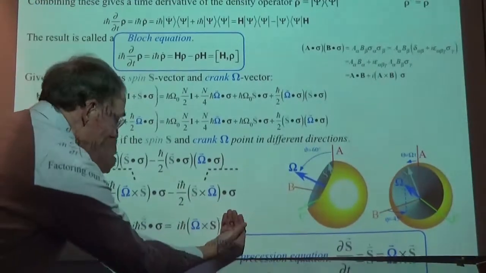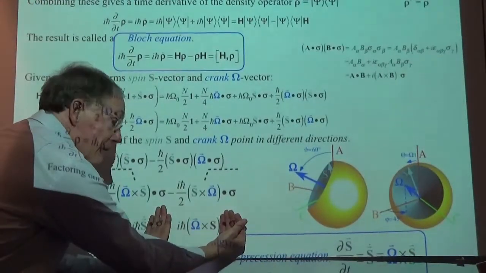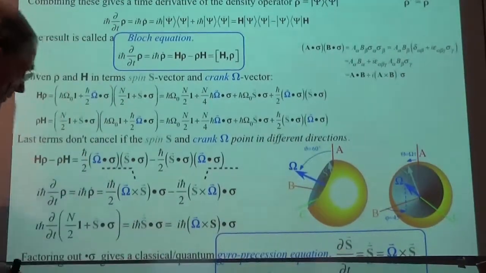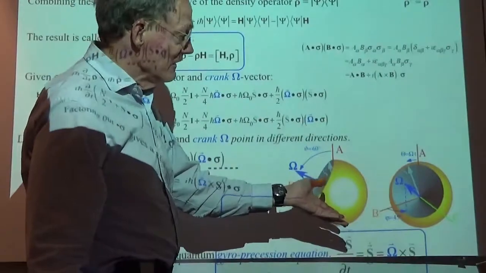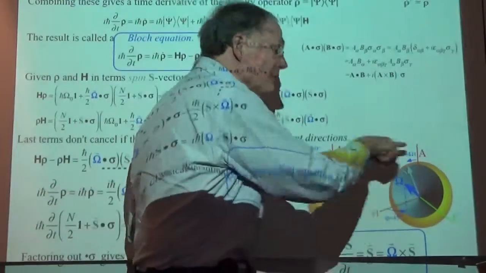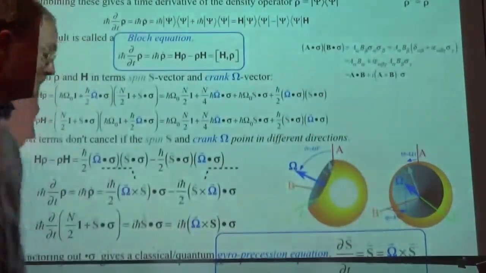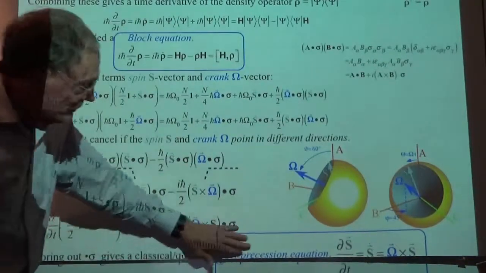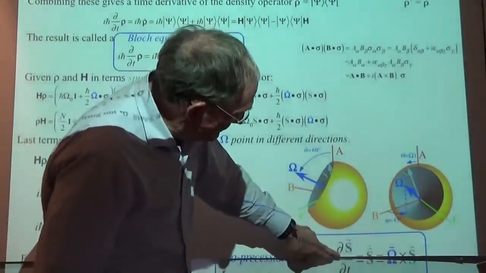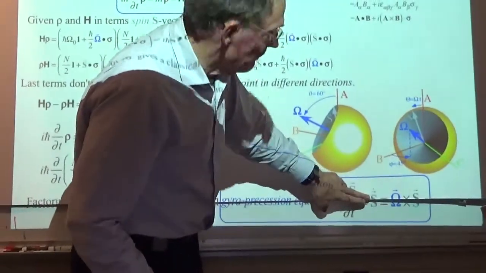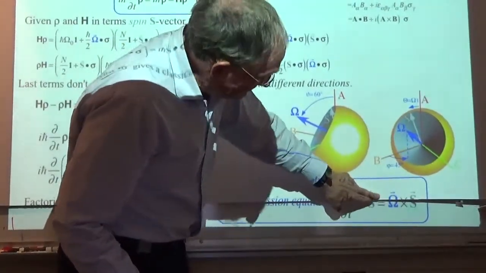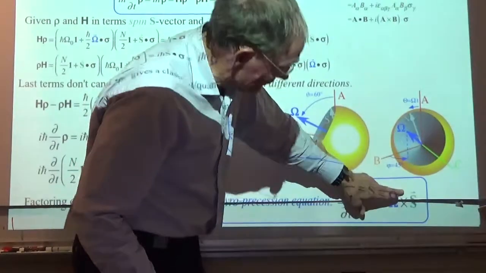So just drop the placeholder. It tells you that the spin vector, and we know this already, is rotated by this crank vector. That's what it's going to do. This is a gyro precession equation: the time derivative of S, S dot, is simply equal to omega cross S.